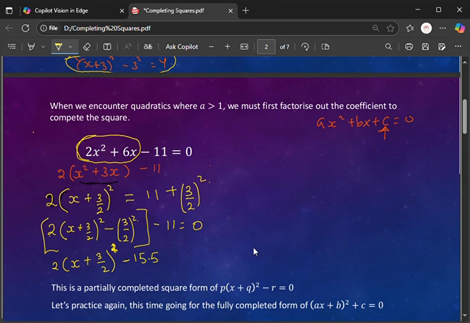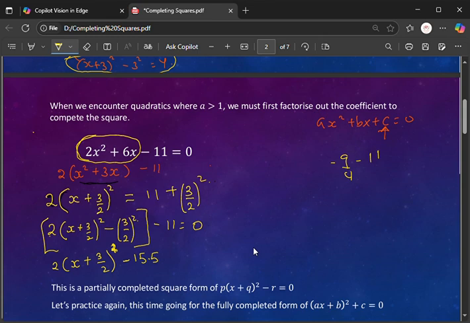9 over 4. Okay, let's work it out. So negative 9 over 4 minus 11. You can check that out to see how we get the 15.5. So let's see, 9 divided by 4 is 2.25, and then 11.